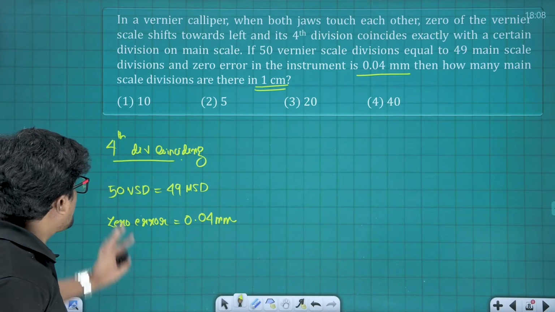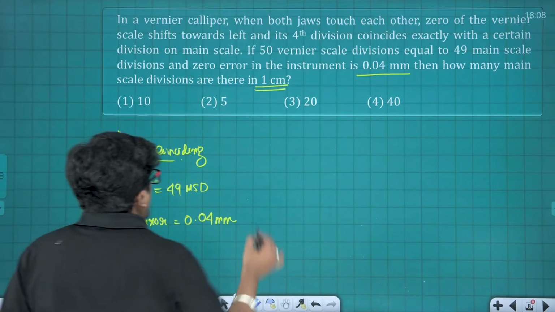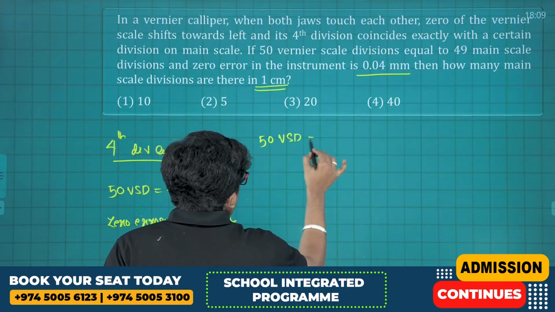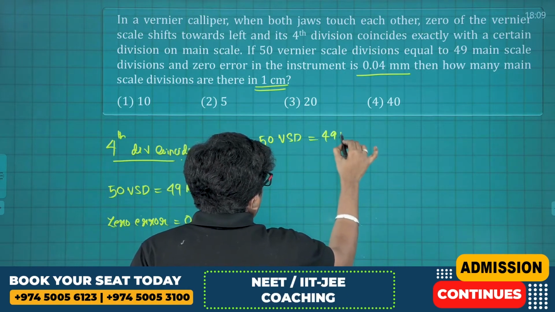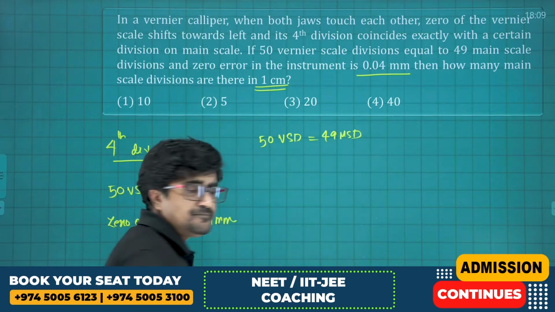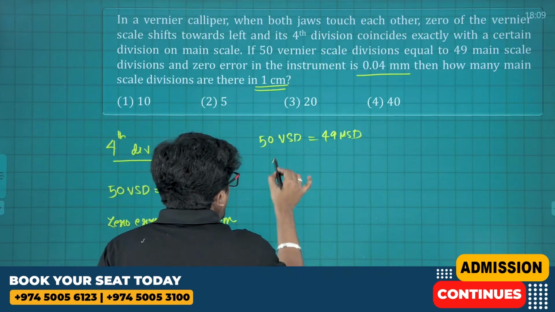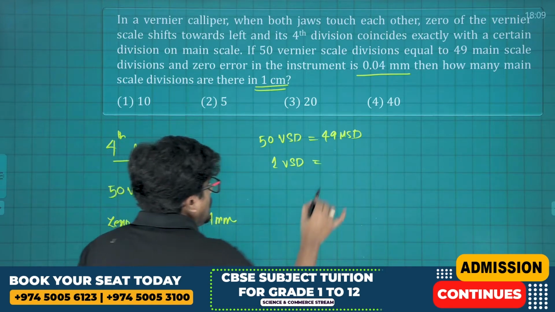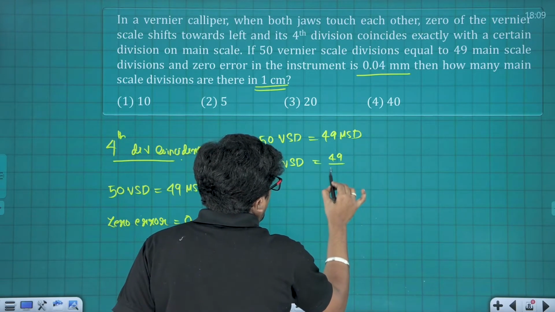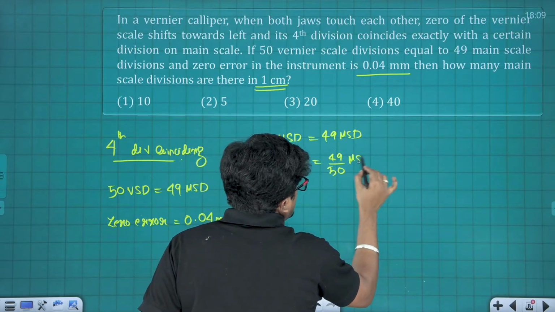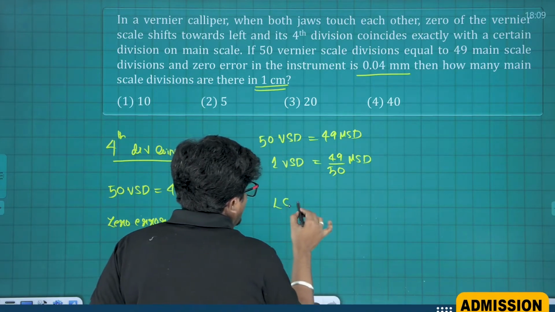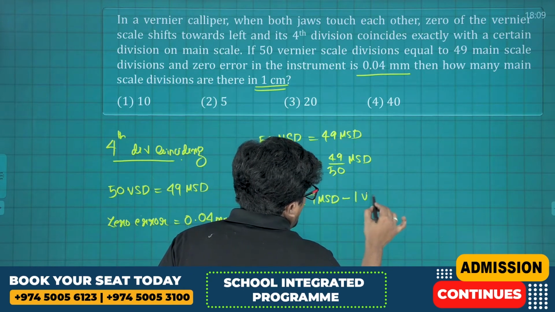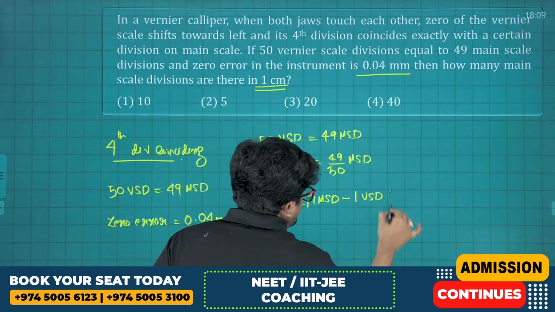Now have a look. Here we know 50 vernier scale divisions is equal to 49 main scale divisions. So what about one vernier scale division? One vernier scale division is equal to 49 upon 50 main scale division, and the least count is 1 main scale division minus 1 vernier scale division.